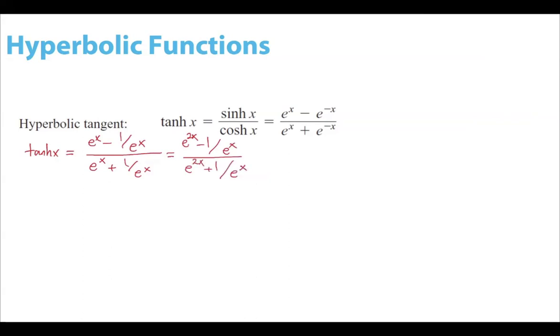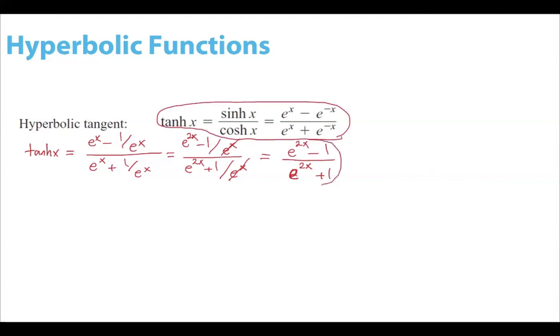You can get rid of the common denominator, which is e to the x. So you end up with e to the 2x minus 1 divided by e to the 2x plus 1. So hyperbolic tangent can be written directly using hyperbolic sine and hyperbolic cosine, or you can write it in simplified version.